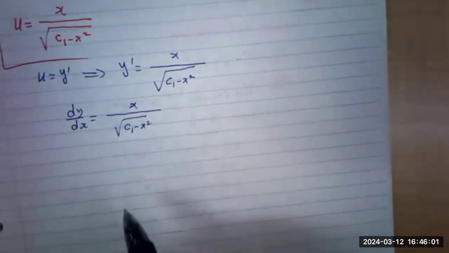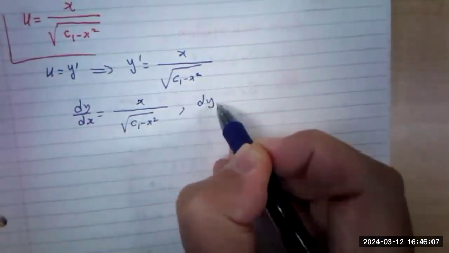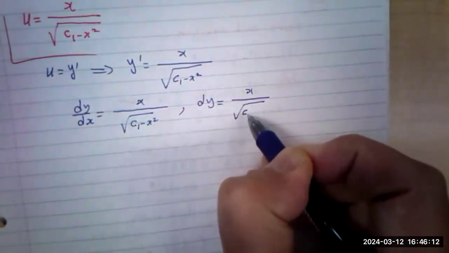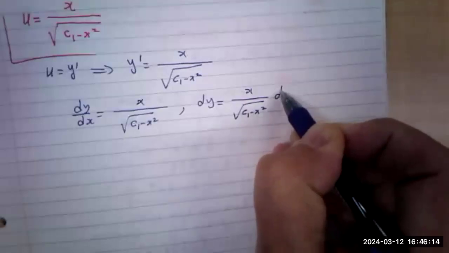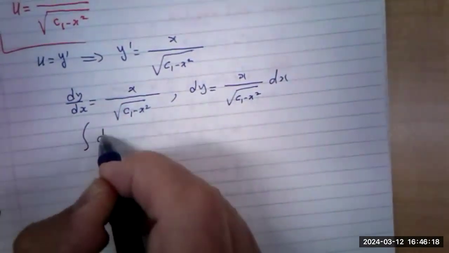Okay, that's it. So that would give us a form that we are interested in. It's going to be dy equal to x over radical c1 minus x squared dx. I cross multiplied. Now we can integrate. It's a separable variable.